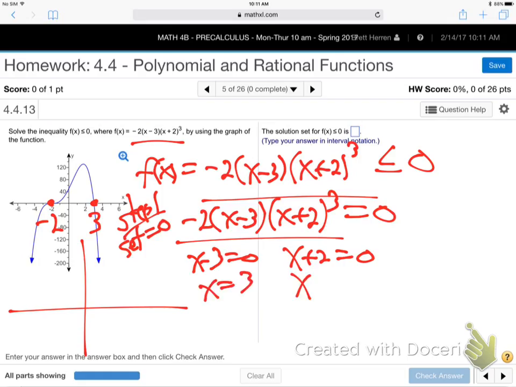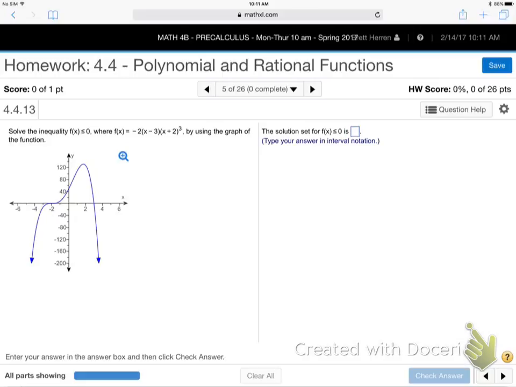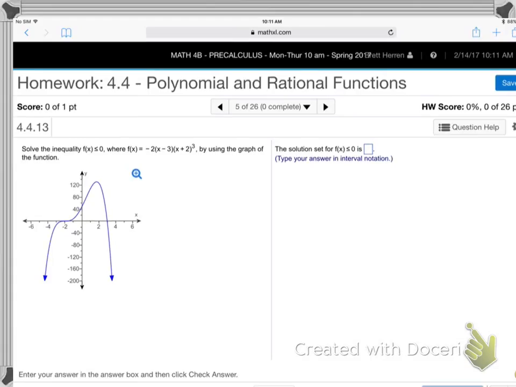So x is positive 3, x is negative 2, as we already knew. Those are the two values that you can plug in for x that'll make that whole thing equal 0. Plug in either one of those values, and one piece will be 0, and since they're all multiplied, the whole thing will be 0. Right? Okay, so that's your first step, is find those. Next, so we found x is positive 3 and x is negative 2.